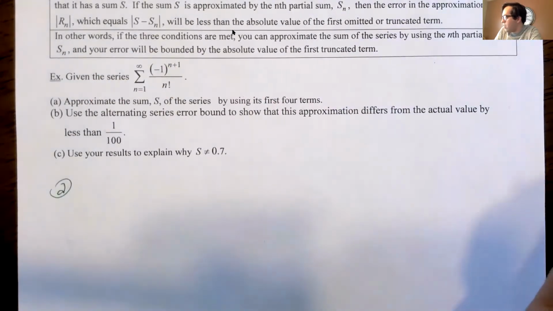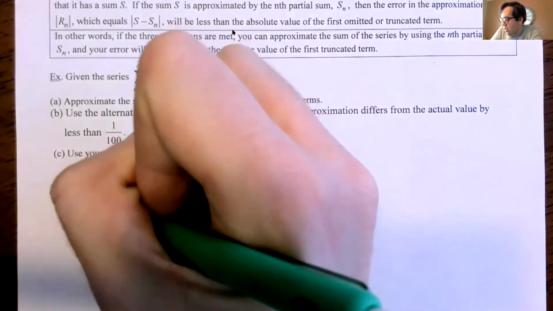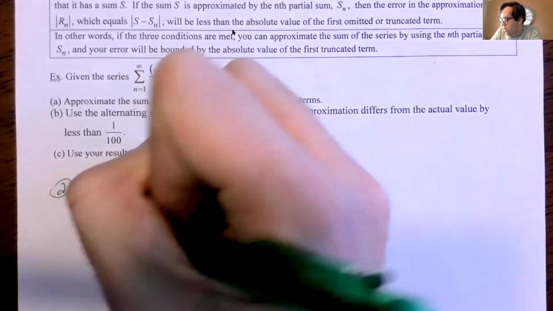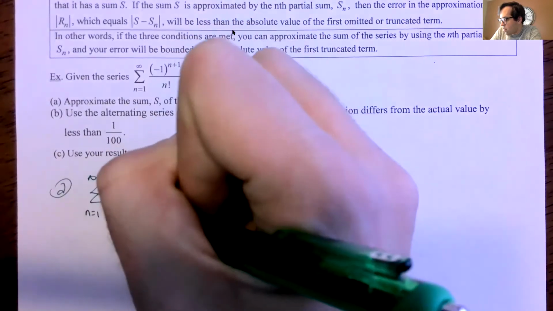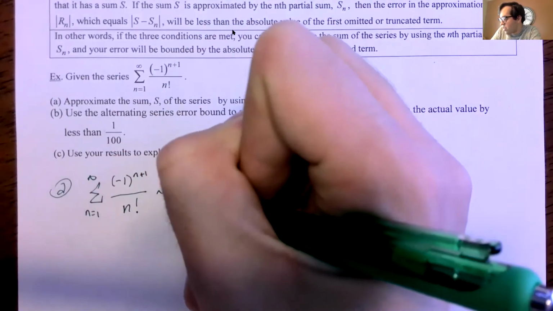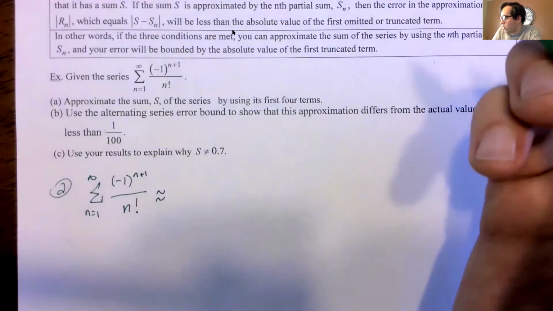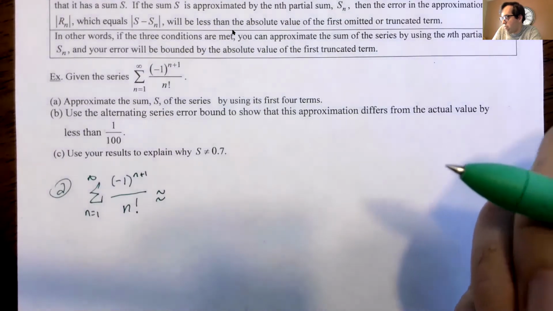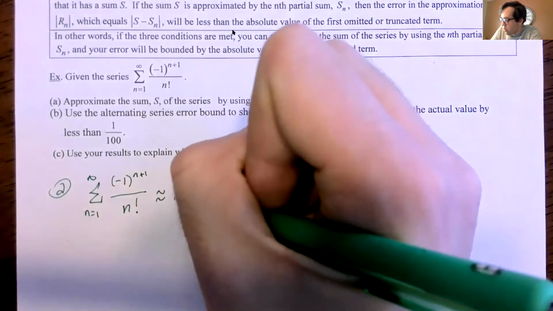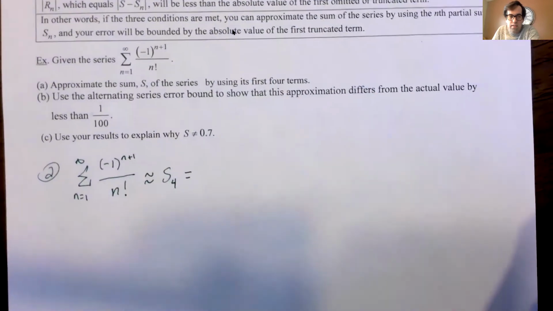For letter A, we are going to say that the series is approximately equal to what we call S sub 4, which is the sum of the first 4 terms of the series.